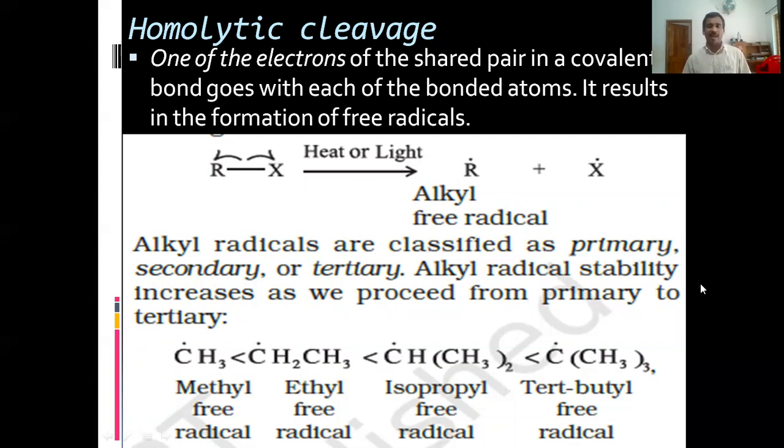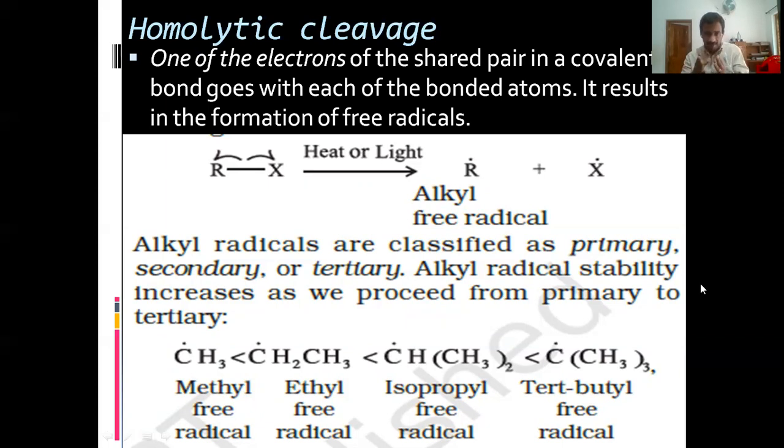Here is an example. RX means an alkyl halide. R represents alkyl group. CH3, CH3CH2, all these are represented by the letter R. X represents a halogen. Chlorine, bromine, iodine, all these are represented by X. RX means alkyl halide or haloalkane. When it is subjected to sunlight, what happens?